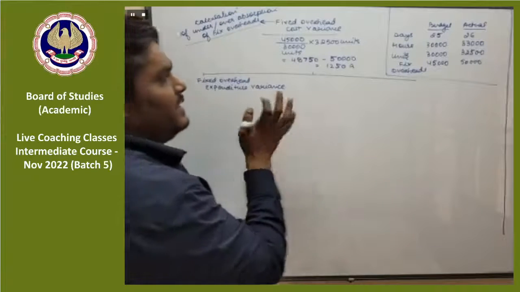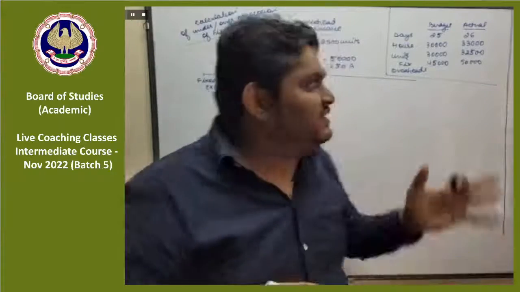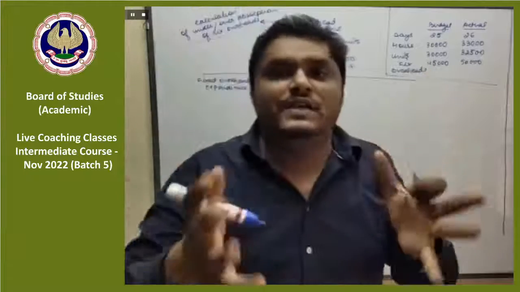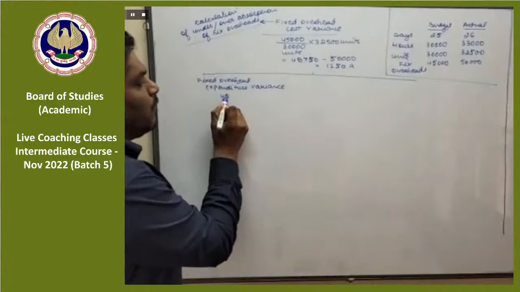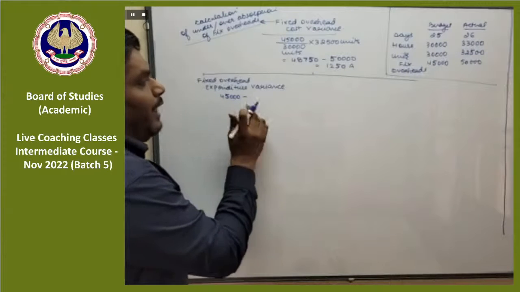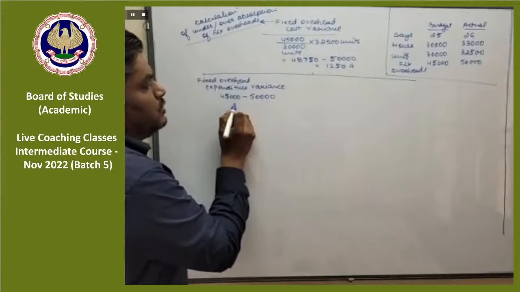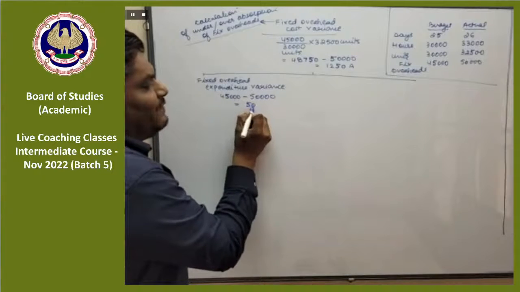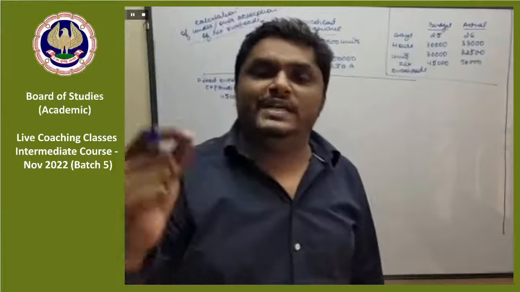Very simple. Since the fixed overhead remained constant at all levels of production, 45,000 we were supposed to incur. And actually we incurred how much? 50,000. So how much extra did we incur? 5,000. So it is adverse. I repeat again, fixed overhead expenditure variance.